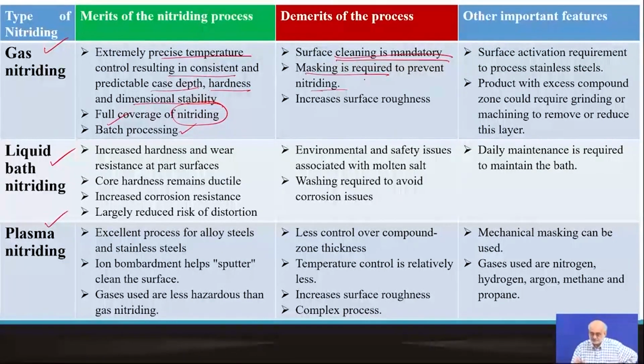And because of nitriding, there could be a certain increase in surface roughness, and that happens because the nitrides create certain corrugation on the surface, because their lattice parameters are bigger than the matrix alpha iron lattice parameters.